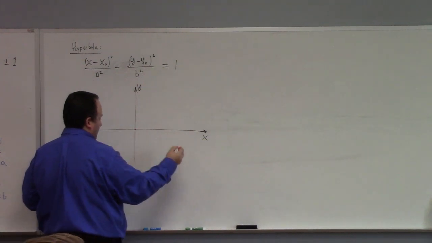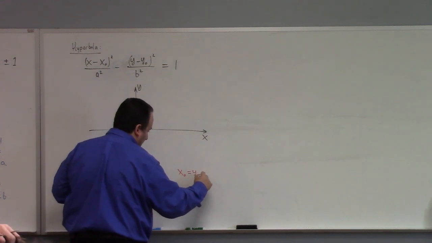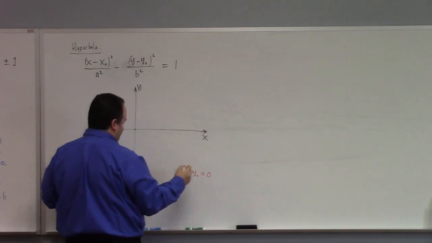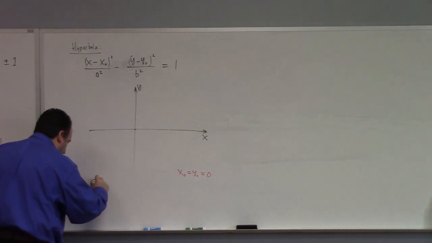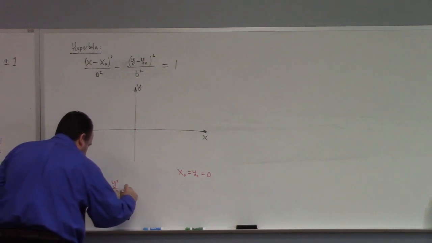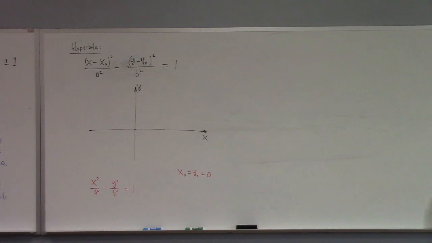Just for the sake of getting used to this idea, let's put x naught equal to y naught equal to 0, okay? So in that case, we're looking at x squared over a squared minus y squared over b squared equals 1, all right? So the so-called center of the hyperbola is at the origin. Again, the same question: what are the x-intercepts? What are the y-intercepts of this?